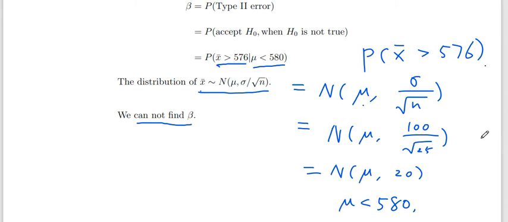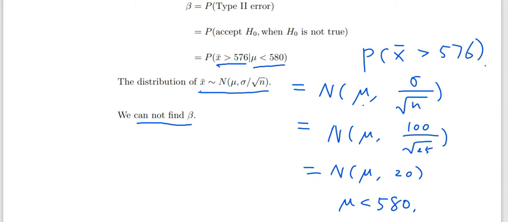So we cannot find beta. The problem is that when HA is true, we still don't know the exact value for mu.